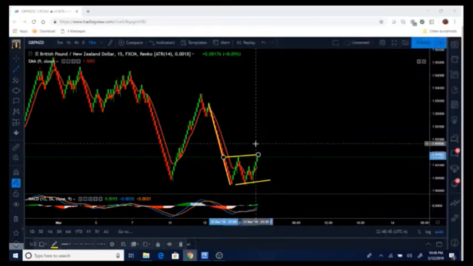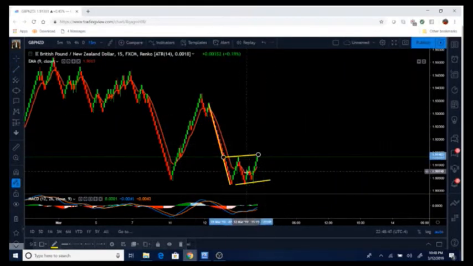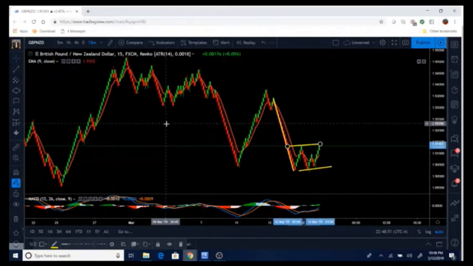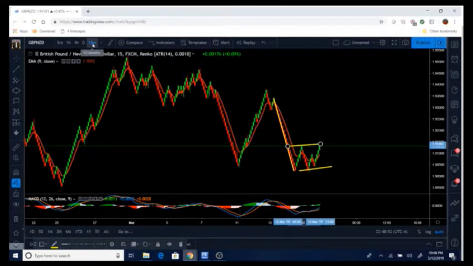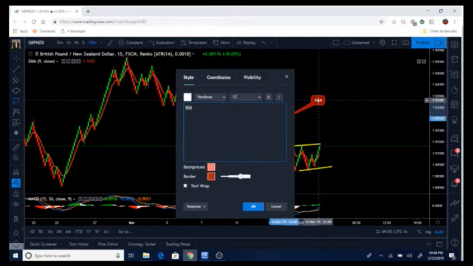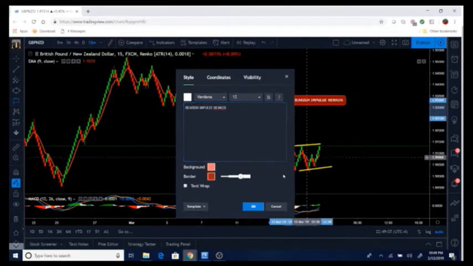Look at that. So you know you have your flag here forming. I'm on my 15-minute time frame. So I got a flag forming. I already have my impulse. This is my bearish impulse on wrinkles. I got my flag forming.